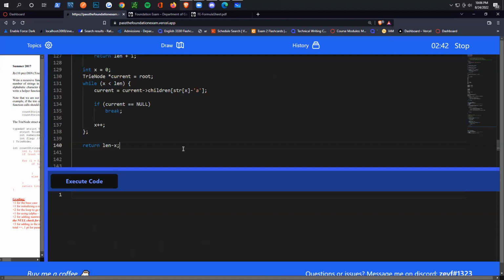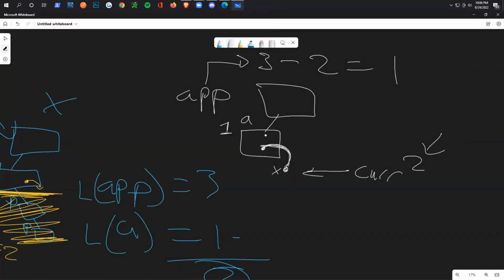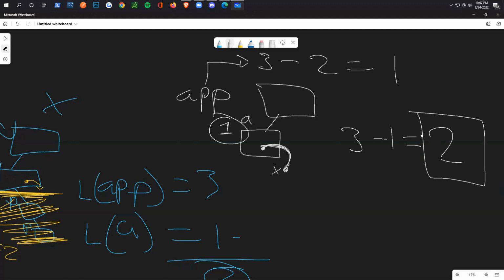So in this case, let's just follow what we were saying. We're going to see, okay, we're null. So we're going to see our index ended at 1. So now we're going to take the length minus 1, which is how far we got. So the total length of the word minus how far we got, how many things we saw. And then this is going to end up giving us 2, which is actually what our answer is. So that's why you do a break.